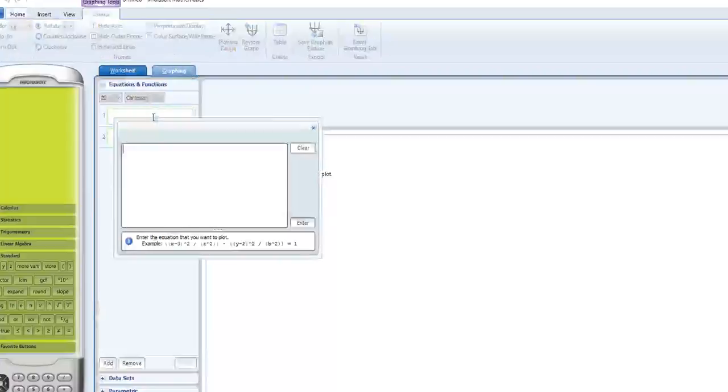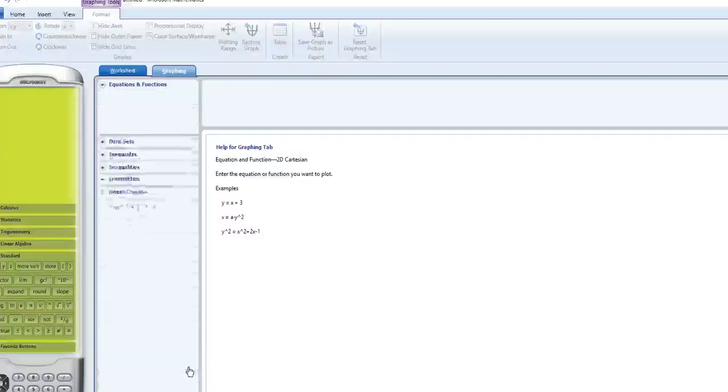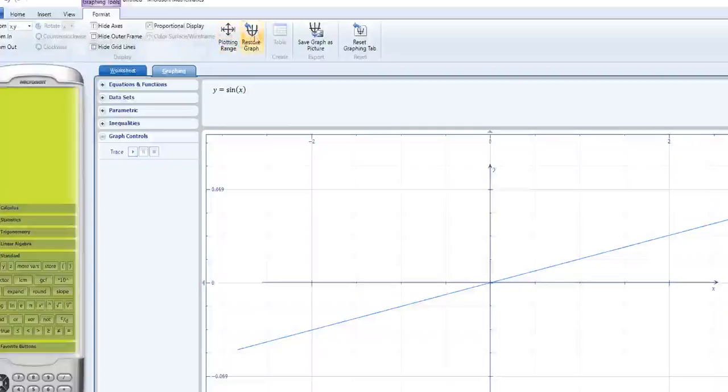What's nice, and what I wanted to show you, is that it can do graphs. So we type in the equation that we wanted to plot. In this case it was sine x. Okay, and then we say graph, and now we need to be careful. You see it's plotted, we just need to change our plotting range.